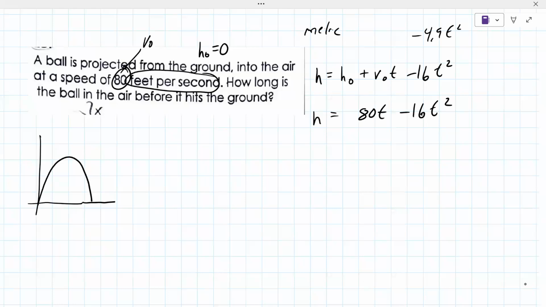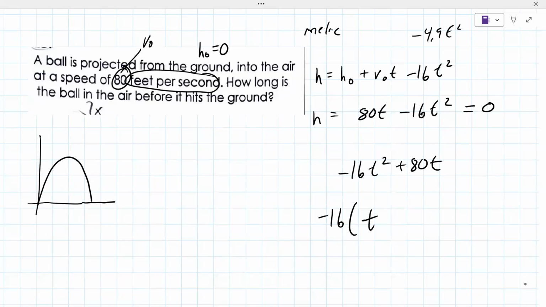Now, is this a calculator problem? Oh, no calculator it says. So whatever you write, you should be able to factor reasonably. You're setting this equal to 0. You could take out -16, because it could be negative, if you want to put that as the leading term, which is fine.